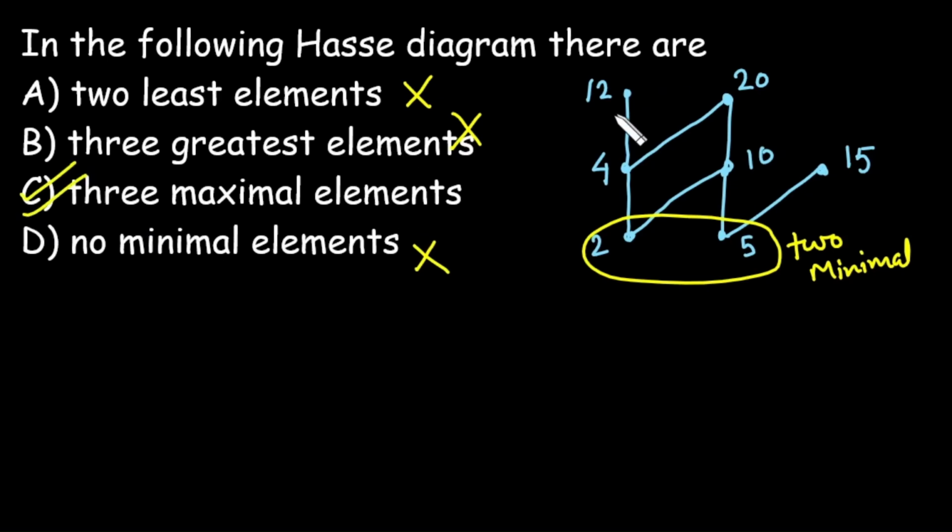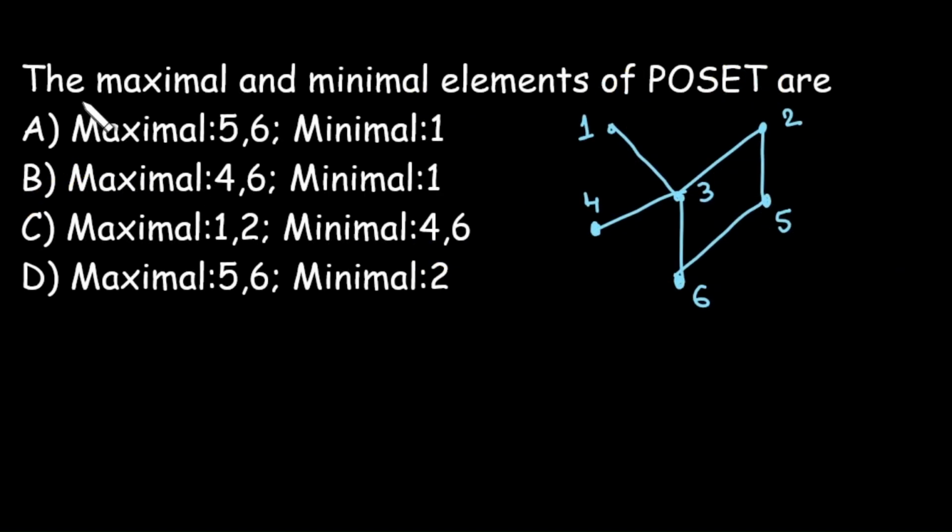Also check: there are 3 maximal elements. The ends of the paths are 12, 20 and 15, and these 3 are called the maximal elements, and hence C is the correct option. In this case, what are the maximal and the minimal elements of the POSET? Here the minimal element is 6.